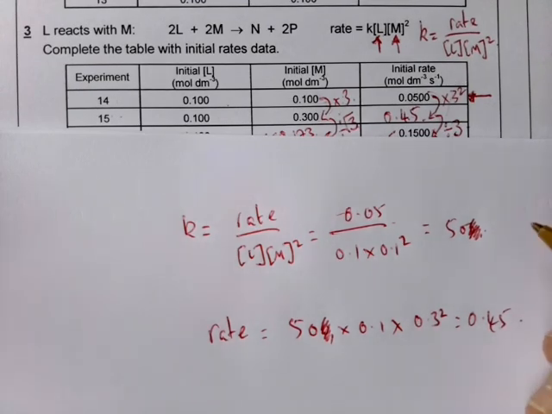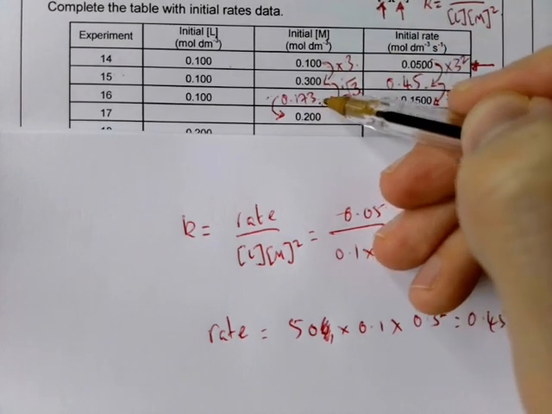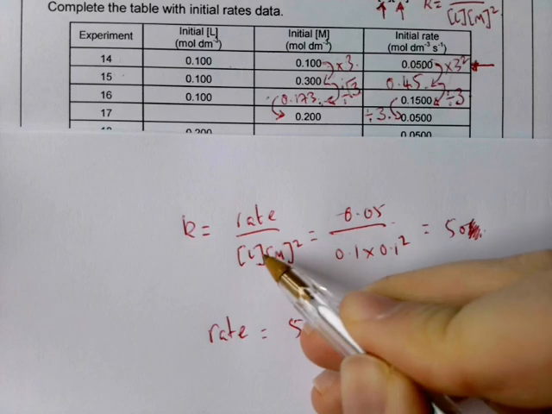That's one of the reasons I don't like this method so much, because it depends on your calculator work. You need to be really good with the calculator, and really good with rearranging equations, because now if you look at the next one, I want to know what m is. Well, you have to rearrange this equation to get m.